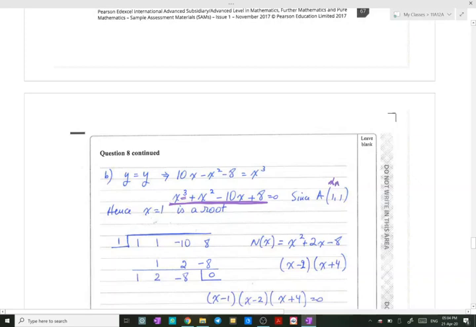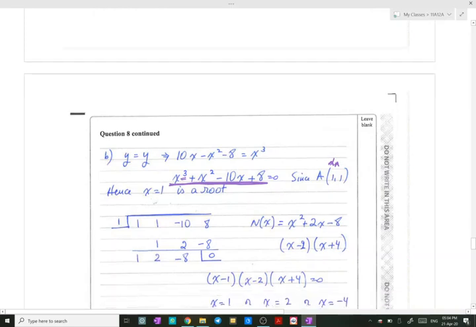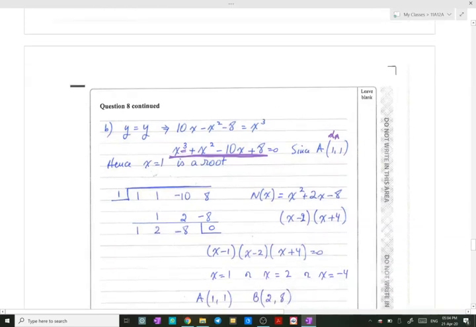Therefore, using synthetic division, we divide to find the rest of the factors. Synthetic division only uses a linear factor, so this is x minus 1 equals 0, and it uses the root of the linear factor, so we have a 1 here, and it uses the coefficient of each x term found in the equation, such that you have to keep them in order.